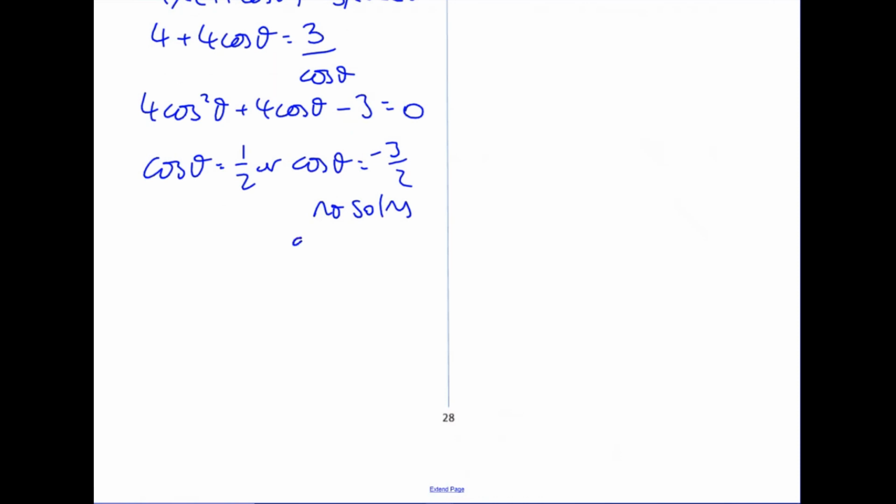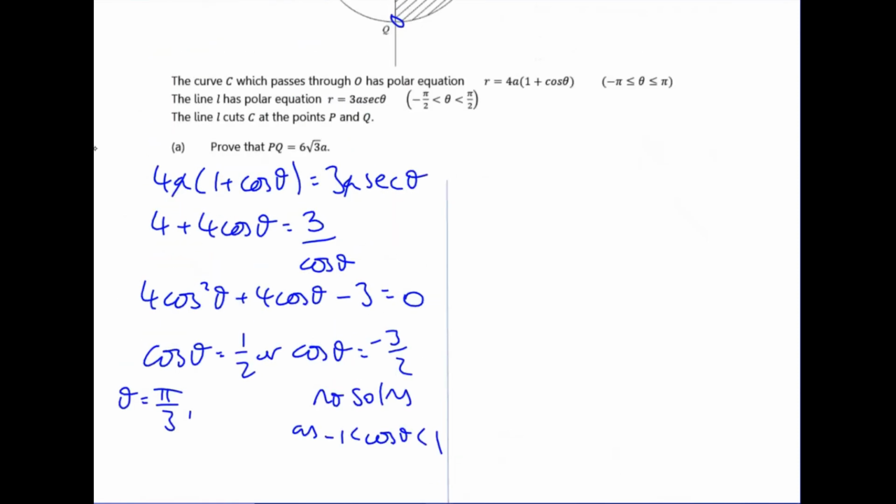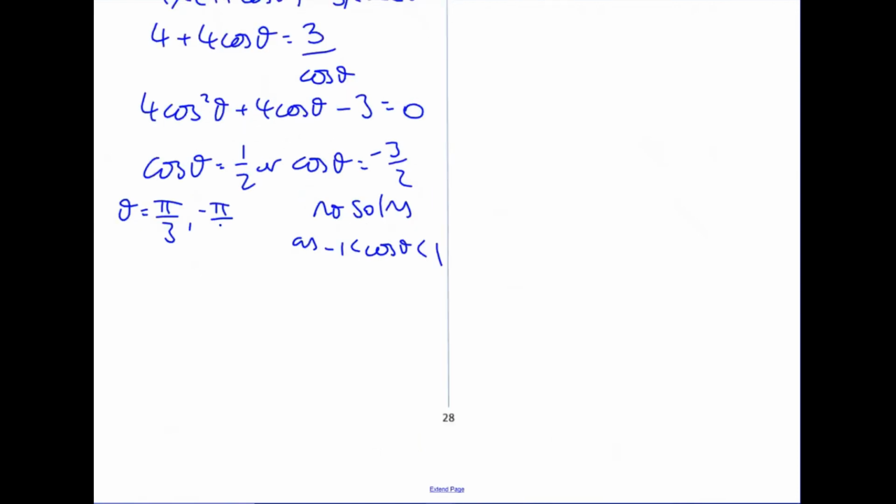There are no solutions as cos theta is between 1 and minus 1. However, we get solutions from the other one, so I get that theta equals pi over 3. And we're going for theta between pi and minus pi, so I also get minus pi over 3. It's because it's symmetrical.